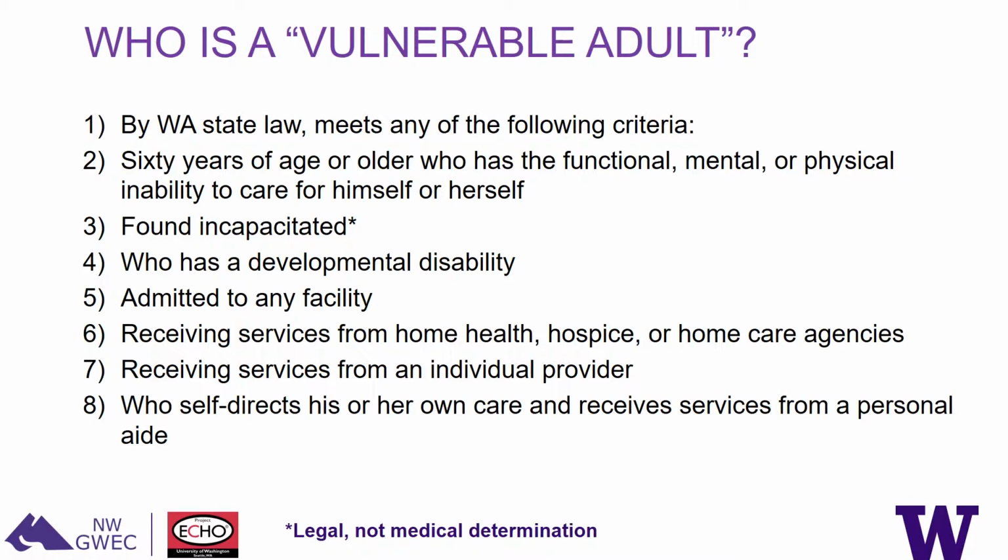So someone who needs help in the home, but they are directing that care. I'll talk about why this is important in a minute, but basically this is where it is required by law that you report abuse if it is in a vulnerable older adult.